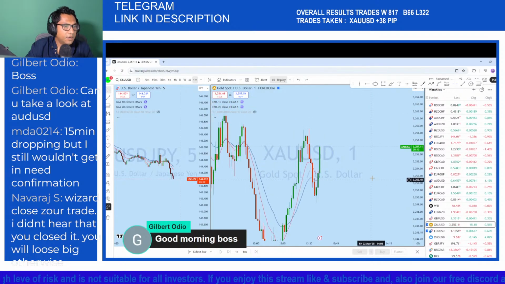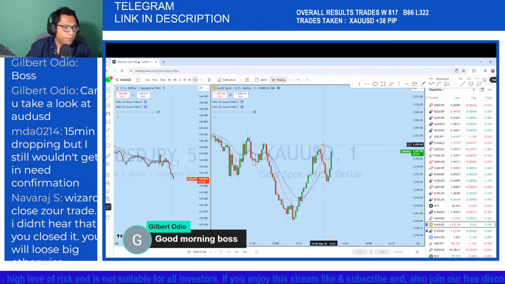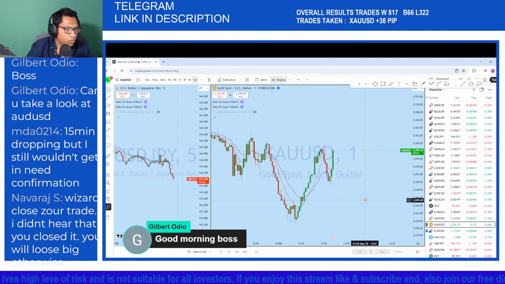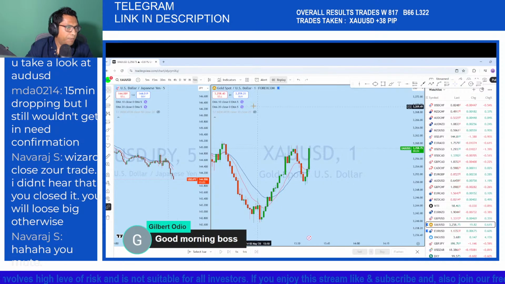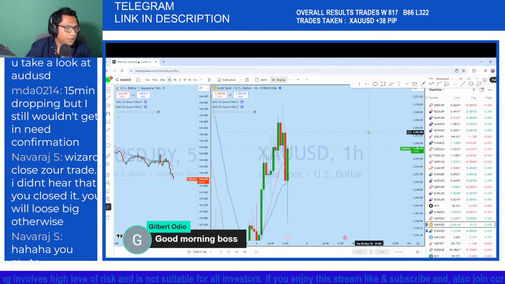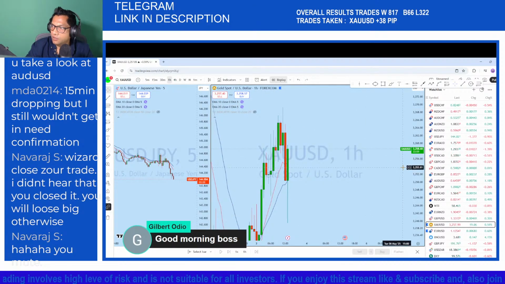Now you can see it just broke below for a liquidity grab and got back up again in the major direction of the trend.